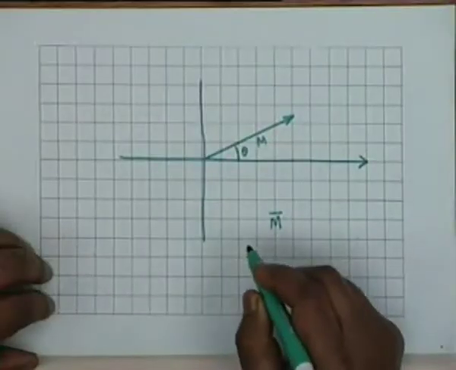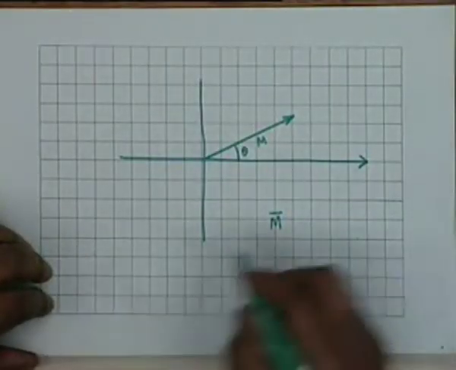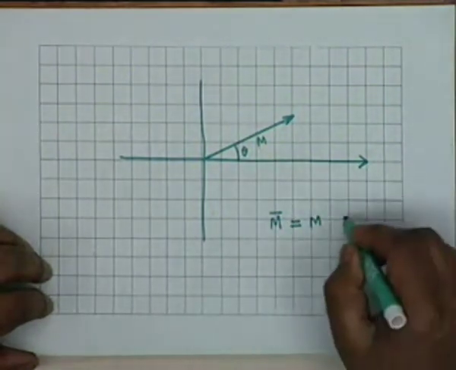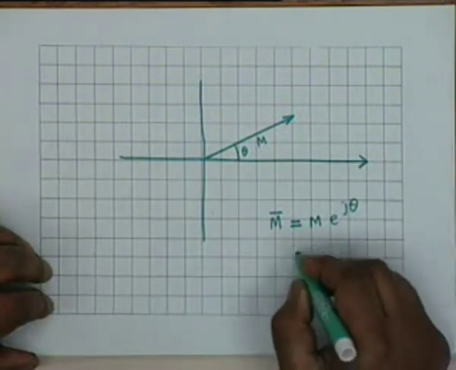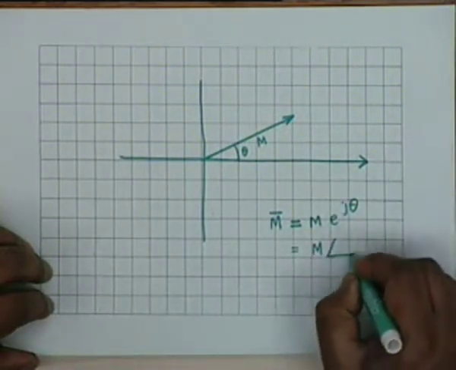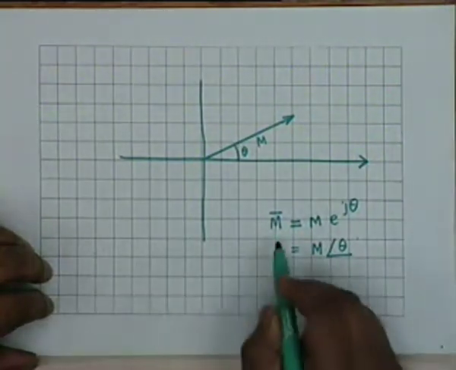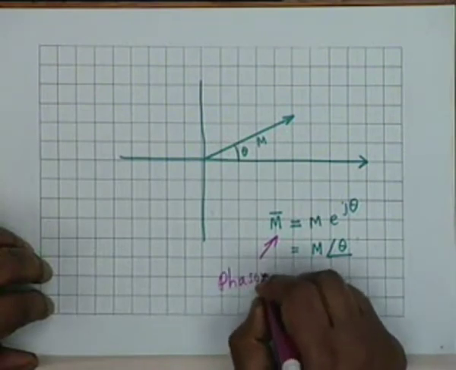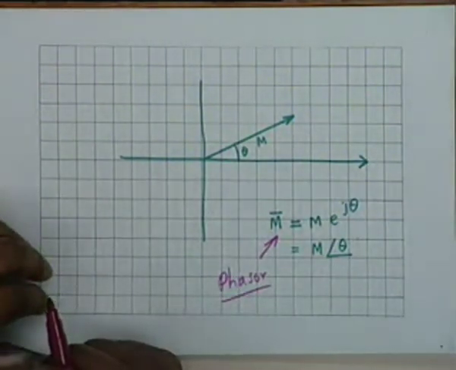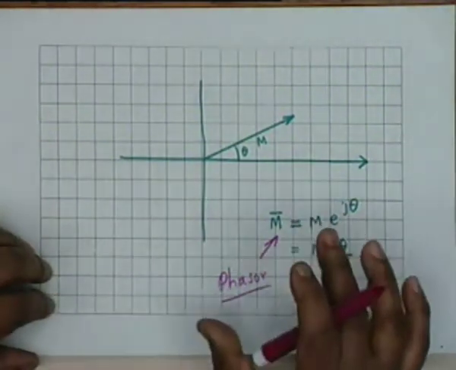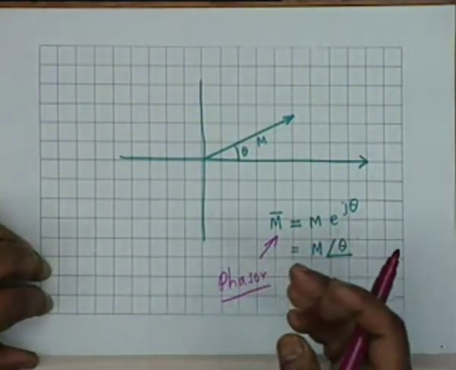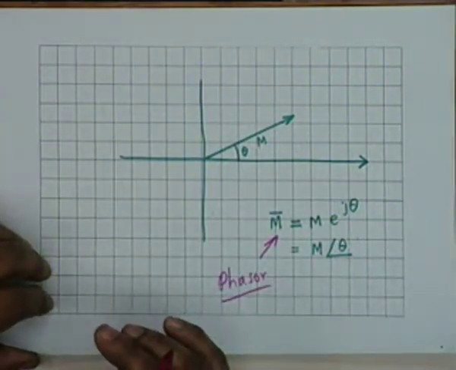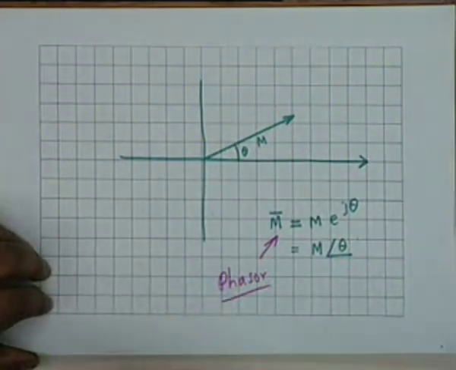Now this will mean that it is a complex quantity, M bar, and when I write M, I mean its magnitude. So M bar is M e to the power j theta, or another way of writing this is M angle theta, and this M bar is called a phasor. Well, this is an artificial way of looking into things, because we are representing the orthogonal component on the y-axis, and we say that is our imaginary axis.